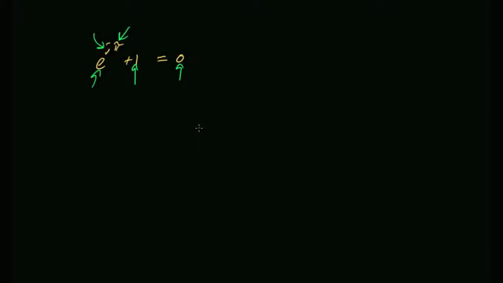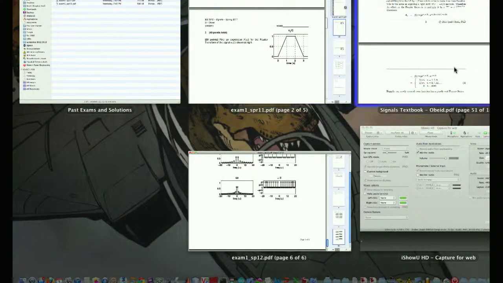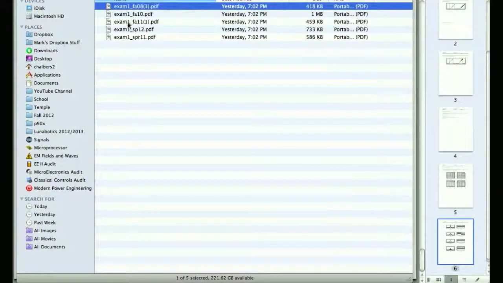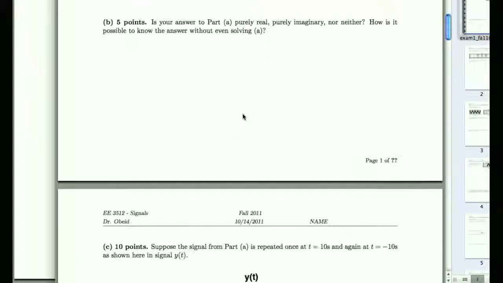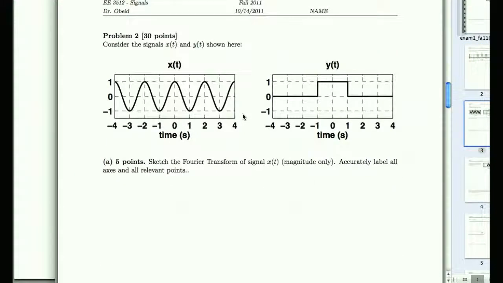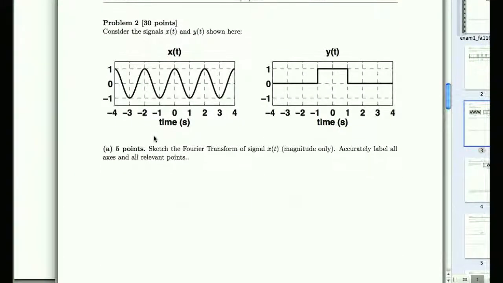For fall 11, problem 2. It says sketch the Fourier transform of signal x of t, which is periodic, but there's also a function y of t, which is aperiodic. Basically, when I say Fourier, what I mean is just get the frequency content. So for the cosine, it's just going to be the principal harmonics.